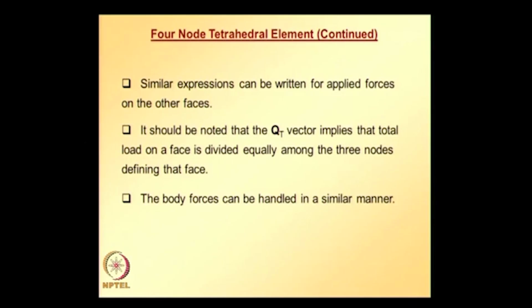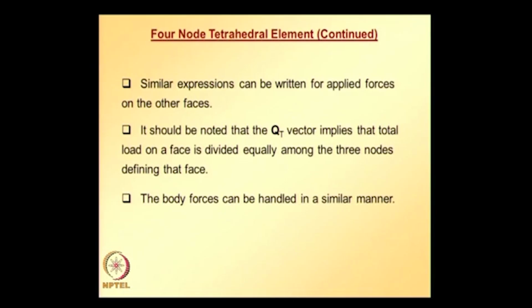So, we looked at how to evaluate equivalent nodal force vectors for the applied tractions, traction components along any of the faces, and we know how to evaluate element stiffness matrix.